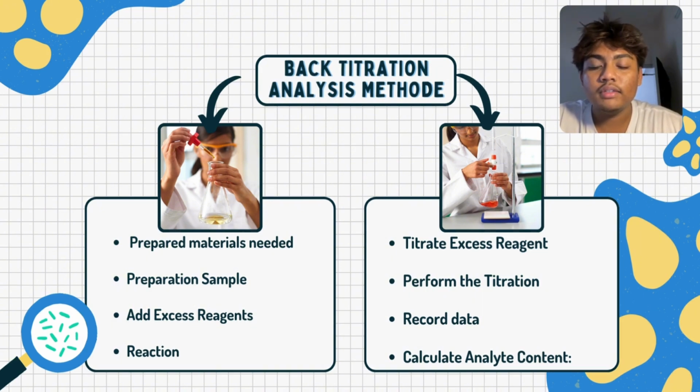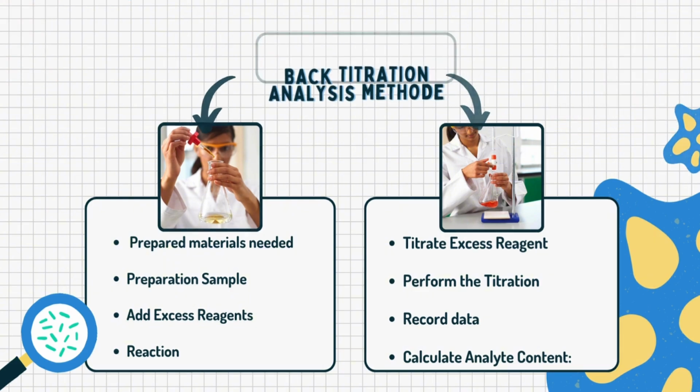Number 5 is titrate the excess reagent, and in this step we also use an indicator. Number 6, perform the titration. Number 7 is record the data that we collect. And the last one is calculate the analyte content, where we determine the amount of sample.